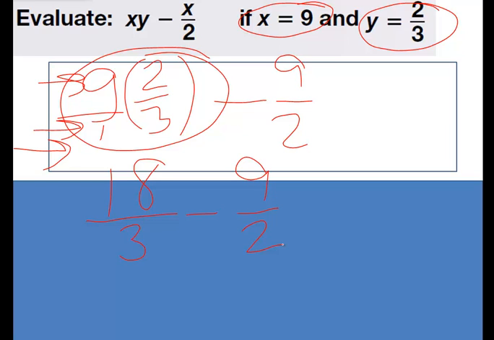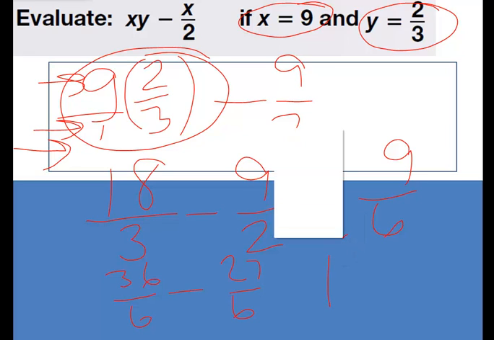So that's going to be 36 over 6 minus 27 over 6. And 36 minus 27 is 9. So 9 over 6 should be 1 and 3/6, which is 1 and 1/2.